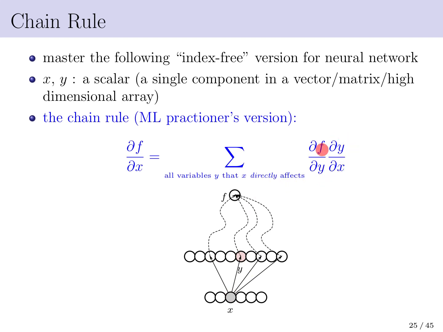So you sum up over this term: df over dy multiplied by dy over dx. This is very convenient to use, and both x and y are just single scalars in this case. So no indexes you have to remember.